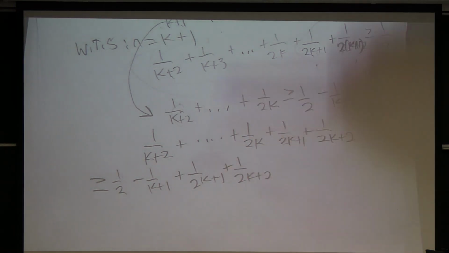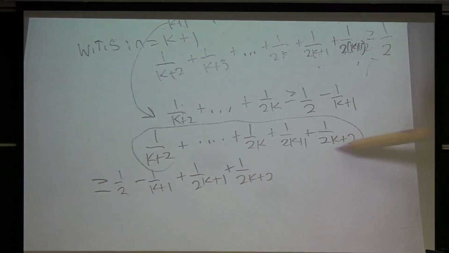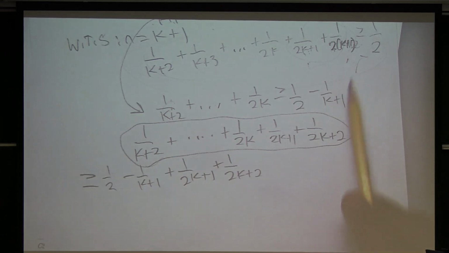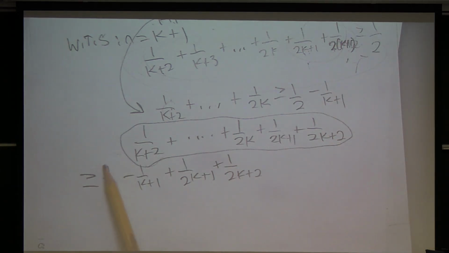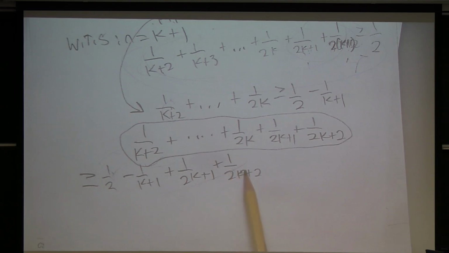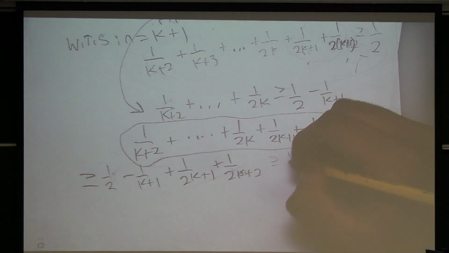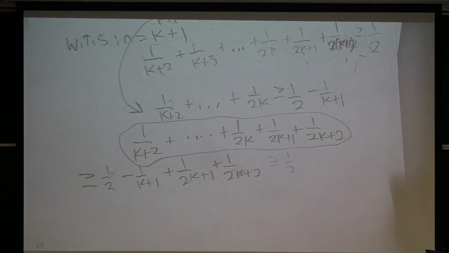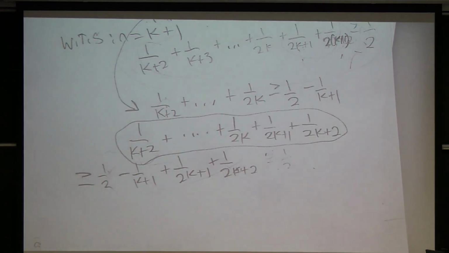So this expression here is exactly as what we wanted here. Now, we're only left with this side as being the greater than or equal to side. So if we can show this statement here is greater than or equal to 1/2, we have shown the inductive step. So how do we show this?